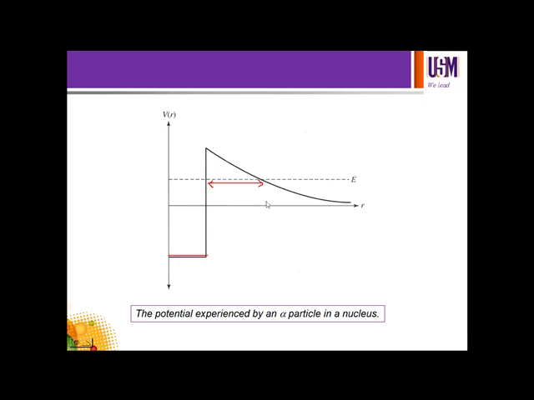So if the potential barrier is finite, then there is a probability that the alpha particle can be brought out of the nucleus by tunneling through the potential barrier, like this.